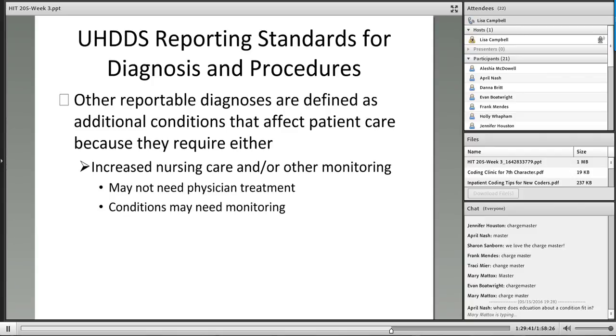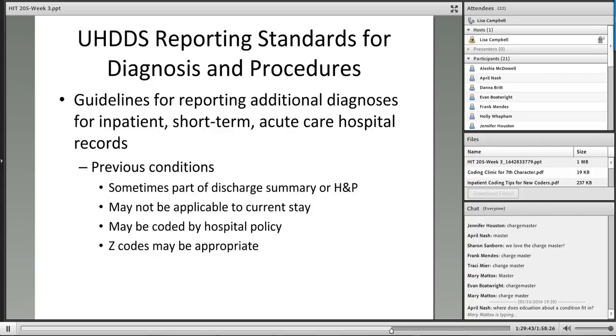Okay, let's see. Previous conditions. Sometimes the previous conditions are on the discharge summary. Other times the previous condition is on the H&P. Other times the previous condition is on a progress note. But what you have to remember is, is it a condition that falls into one of those other categories?